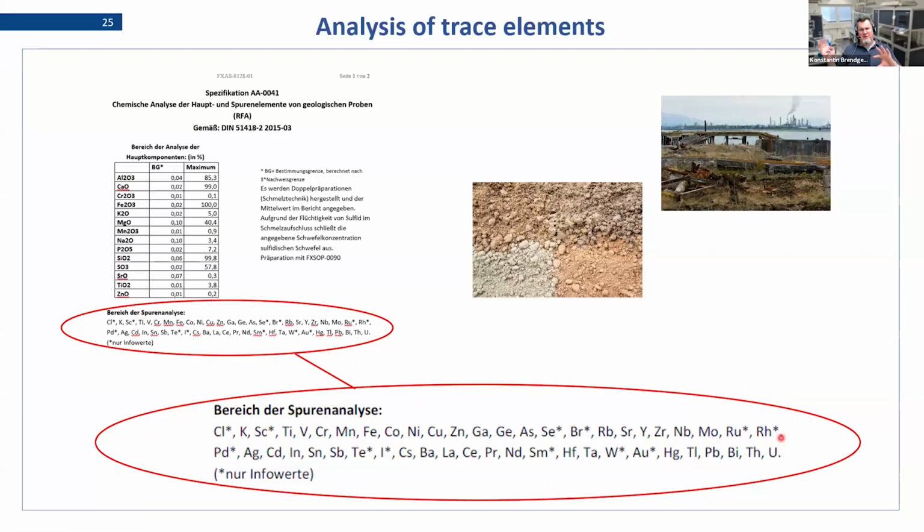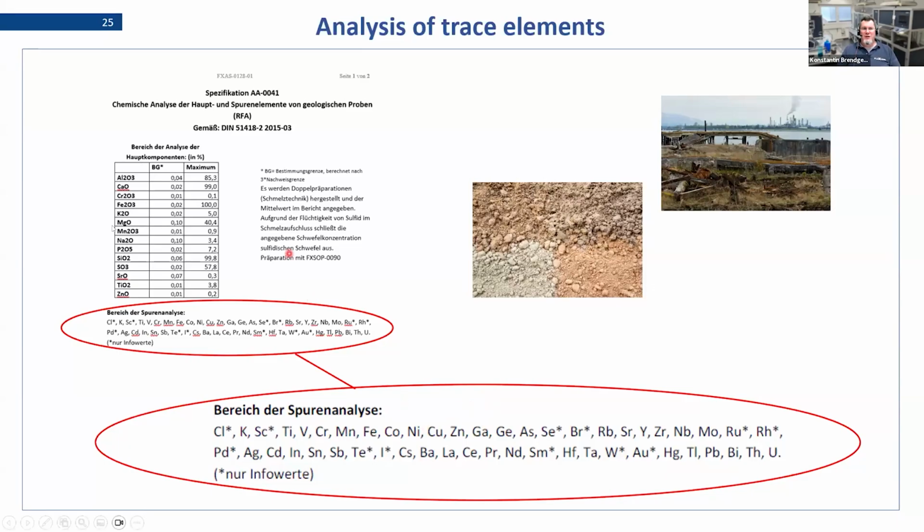Usually you would think, from the analysis accuracy, it would be the other way around. But in this case, these are basically contamination elements, if you want to call it that, and they should not be in there. So you're looking if there is something in it that doesn't belong there, more or less.